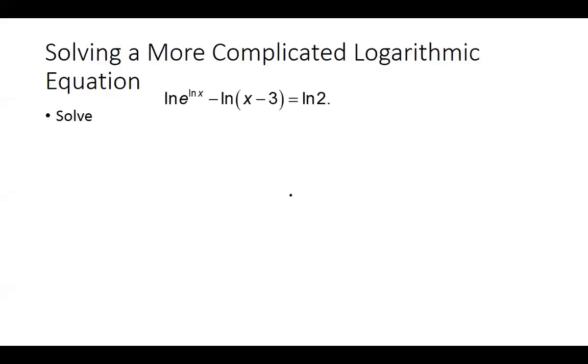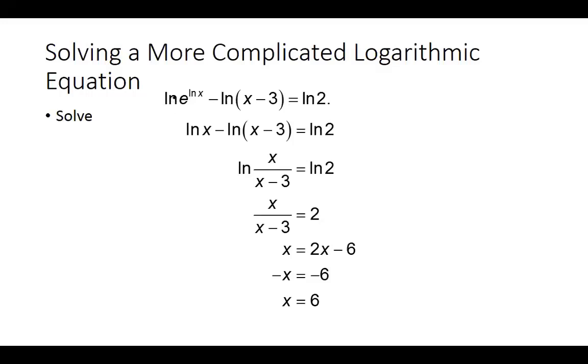Let's take a look at this example here. Natural log of e to the power of natural log of x, minus natural log of (x minus 3), is equal to natural log of 2. We're going to recall some of the properties on the left-hand side. We said if I have natural log of e to the power of x, because the base here is e, these are matching, so this whole thing would be equal to x.